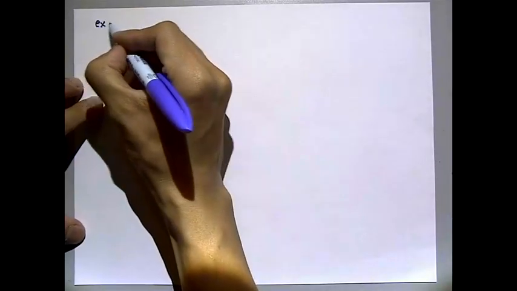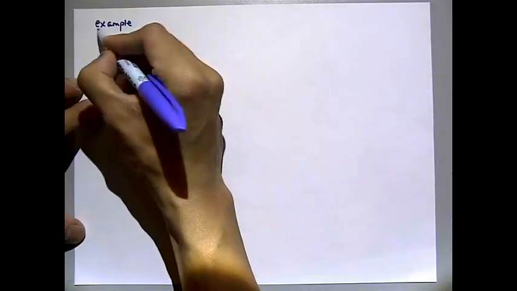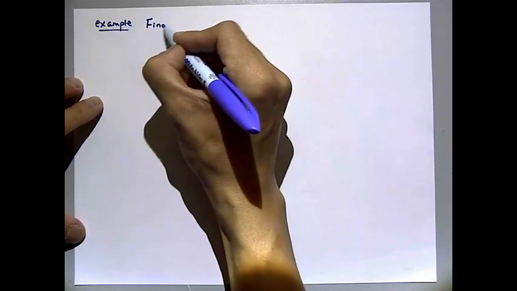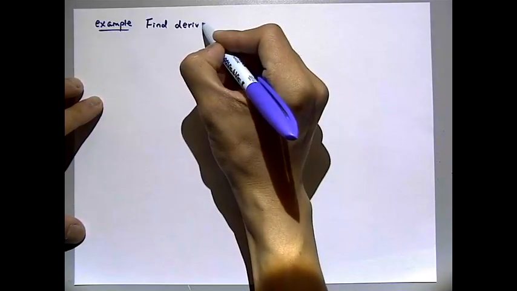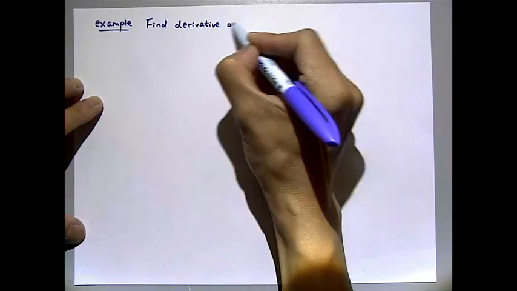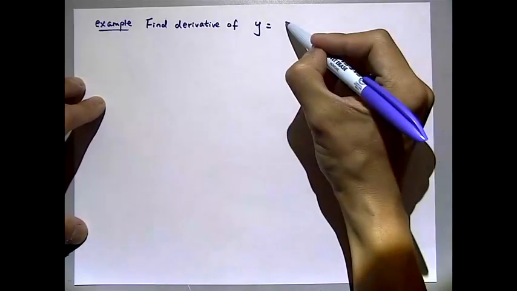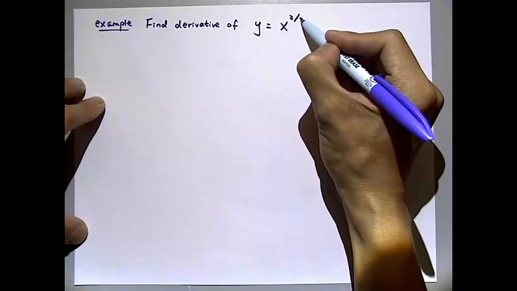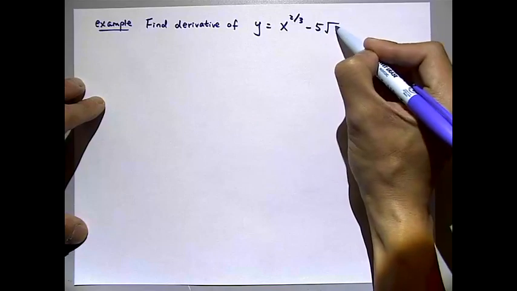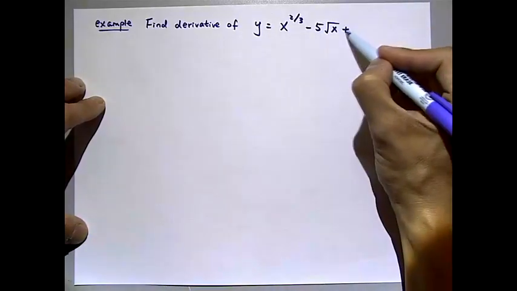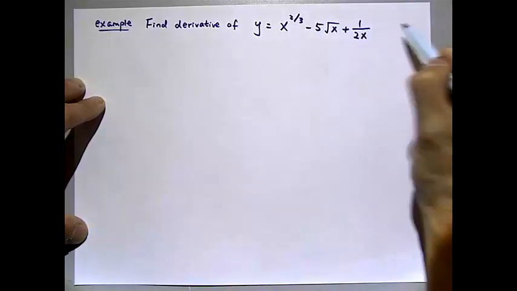Okay, let's do a few examples putting all of that stuff together. Let's find the derivative of x to the power of 2 over 3 minus 5 radical x plus 1 over 2x plus 10.